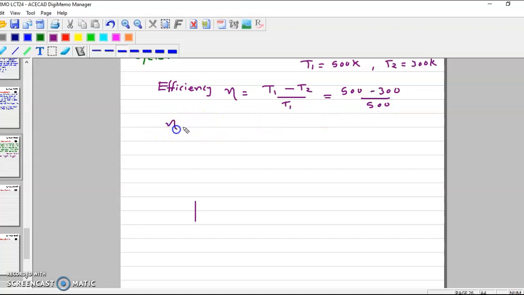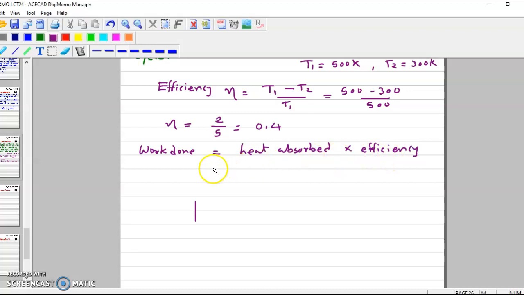So efficiency will be 2 by 5, or 0.4. Now work done is equal to heat absorbed multiplied by efficiency, because efficiency is equal to W upon heat.